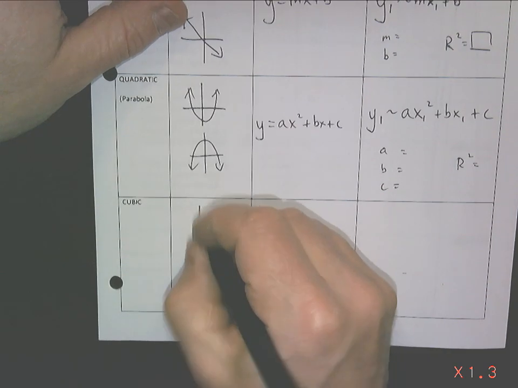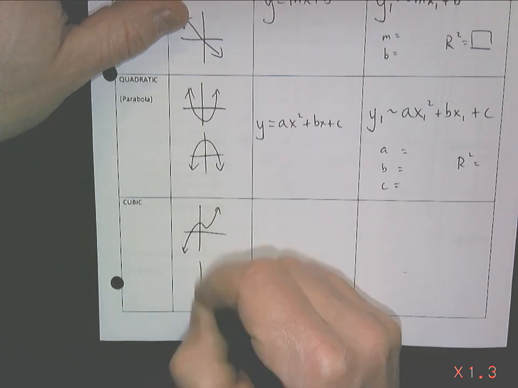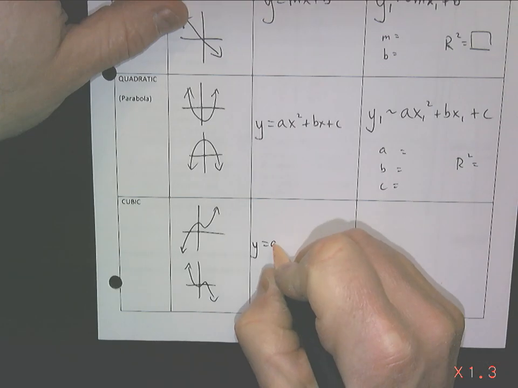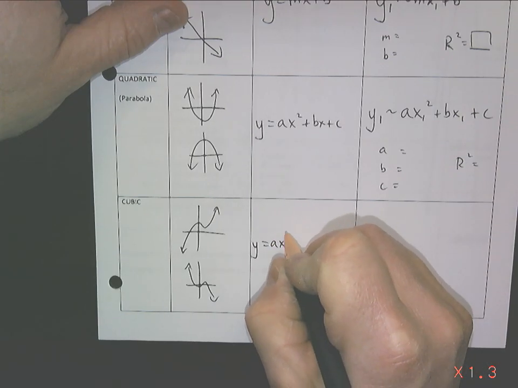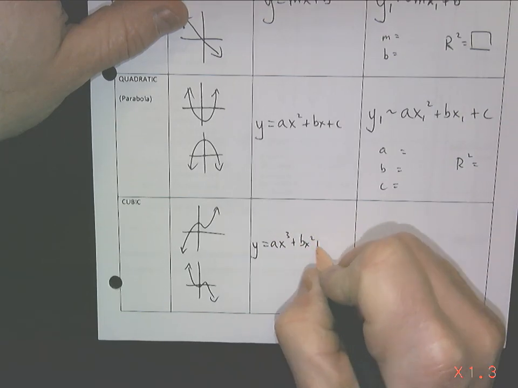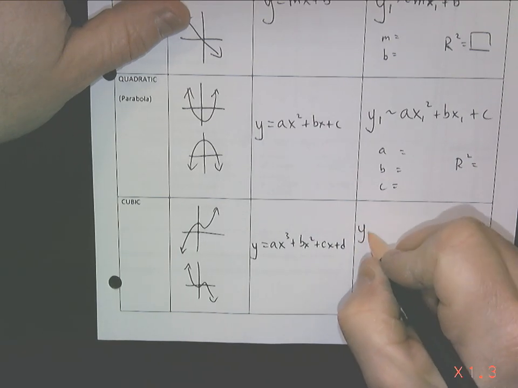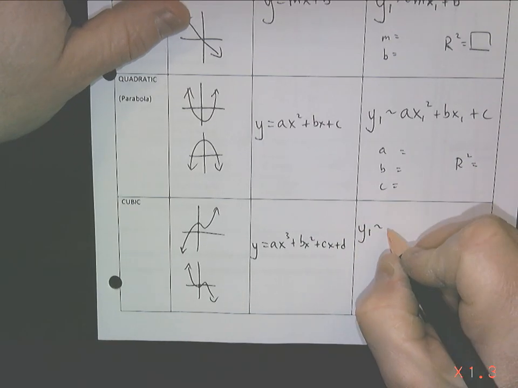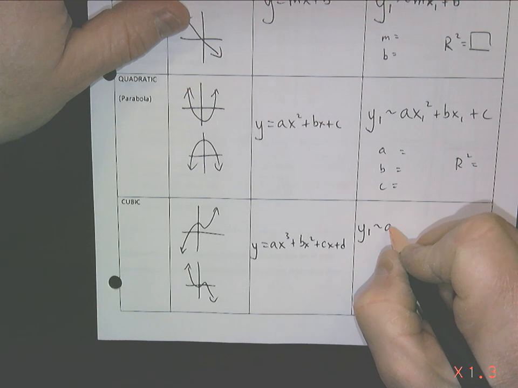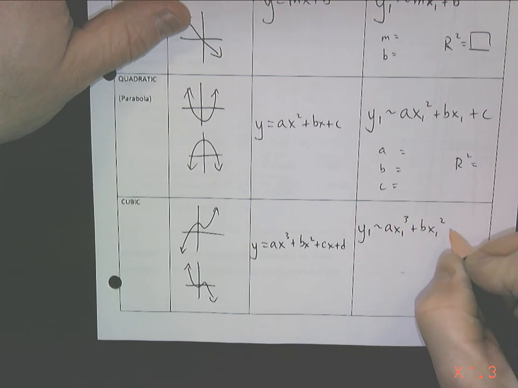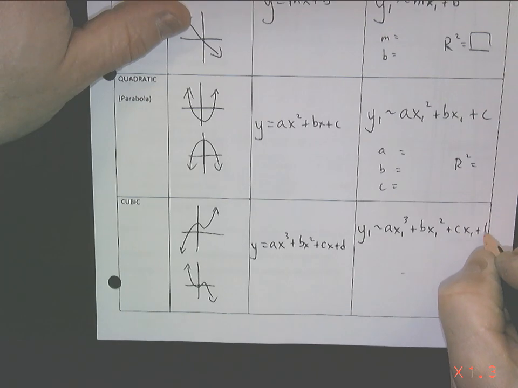Cubic has this look or this look, and it's y equals ax cubed plus bx squared plus cx plus d. And it's a little bit bigger, but same look. y1 tilde ax1 cubed plus bx1 squared plus cx1 plus d.